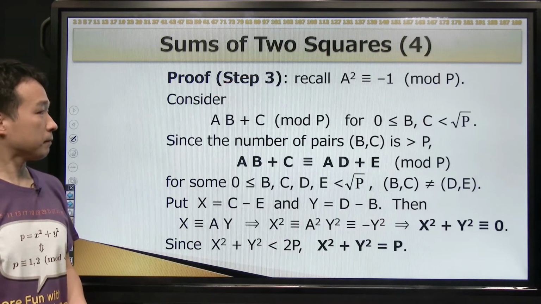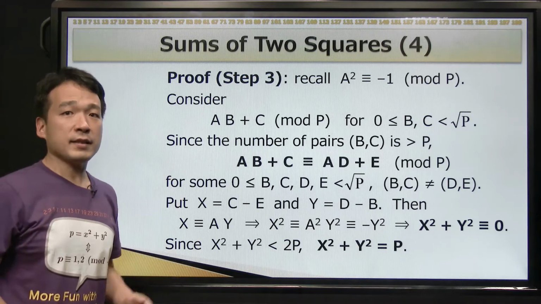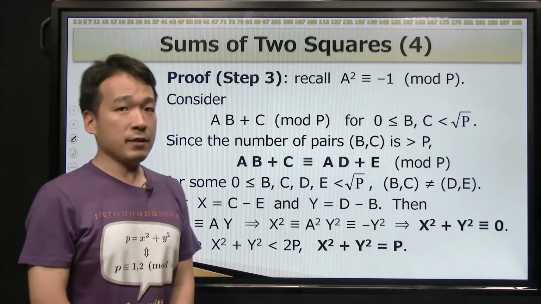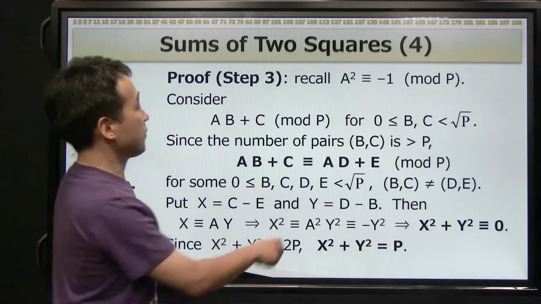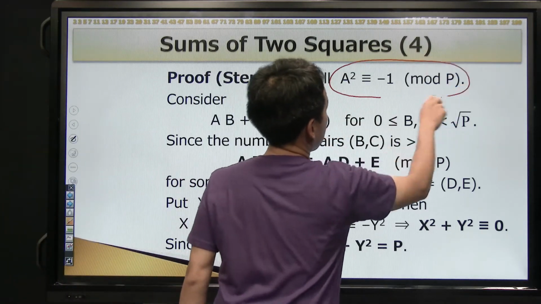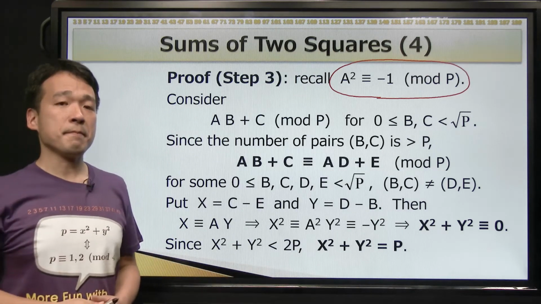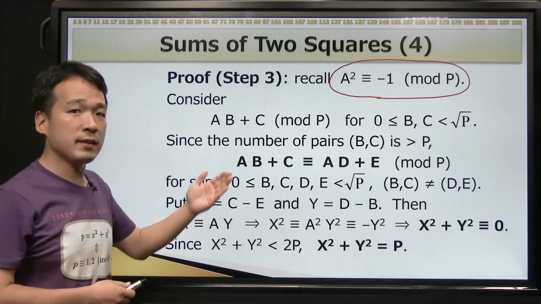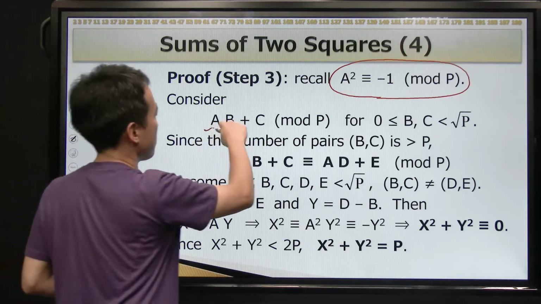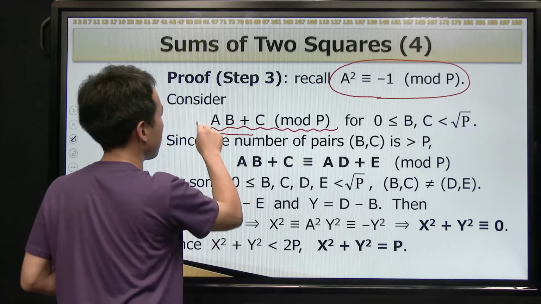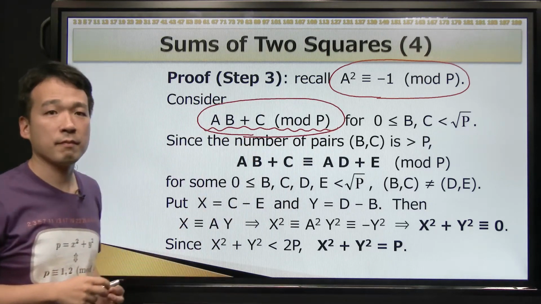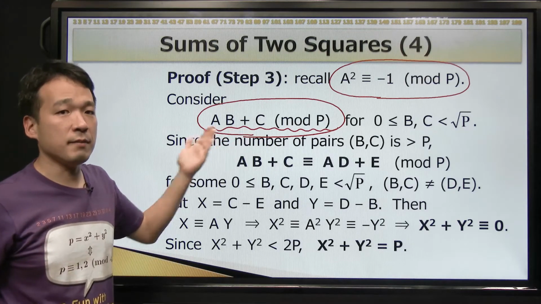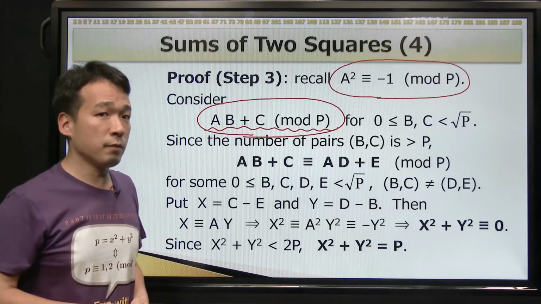This is the last step. Recall that the square of a is congruent to -1 modulo p. Consider ab plus c modulo p, for non-negative integers b and c less than the square root of p.